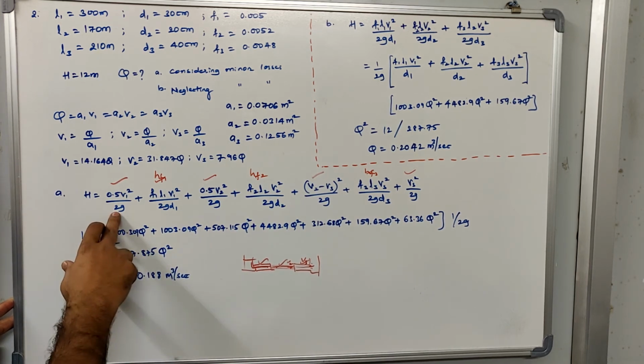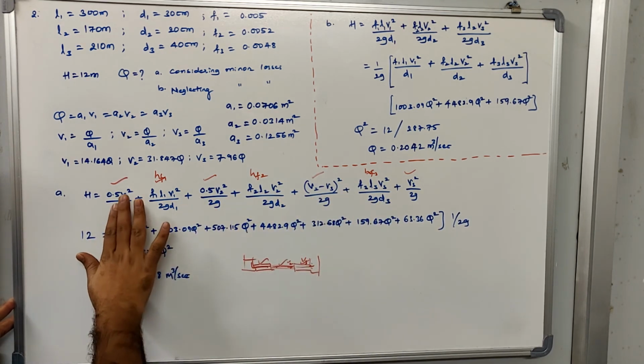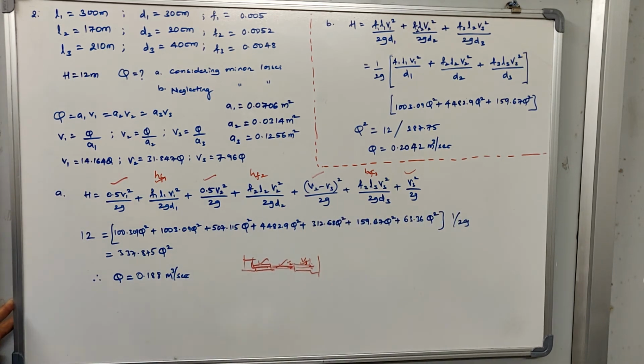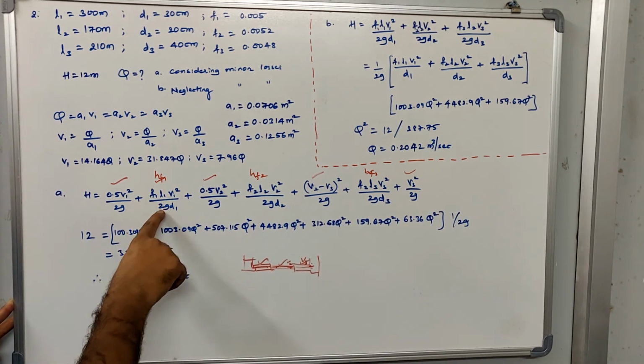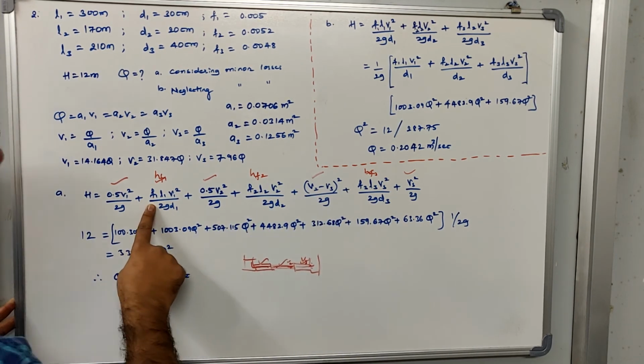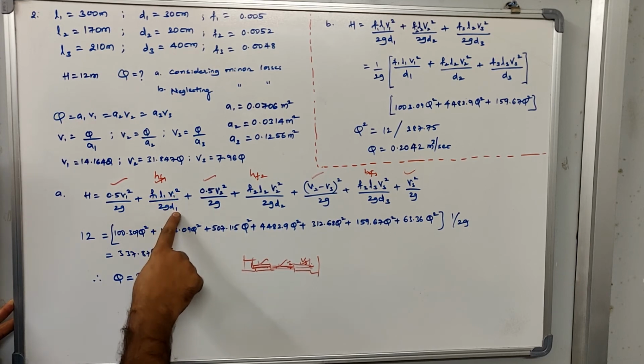Now as you know that 2g is common in all these terms, I have taken 1 by 2g separately common. Going to this equation, if I have taken the 2g outside, what is left over in this equation is only F1 into L1 into V1 square divided by D1.